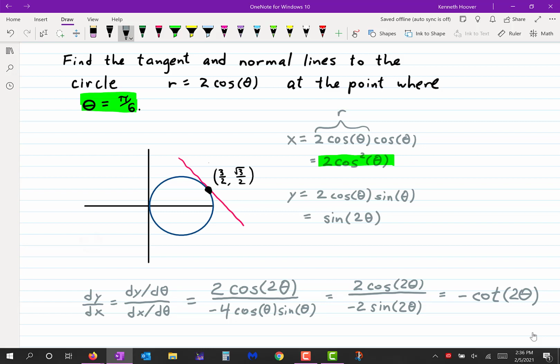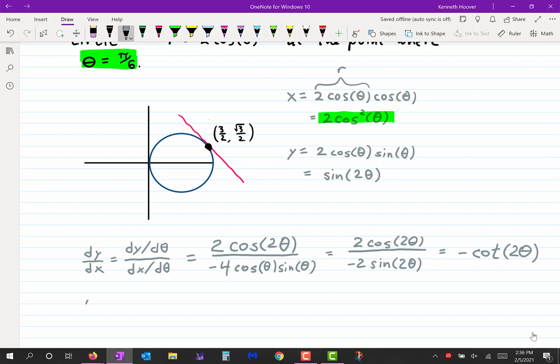So when theta is pi over 6, that means that dy/dx is going to equal negative cotangent of pi over 3. Let's just think about this for a minute.